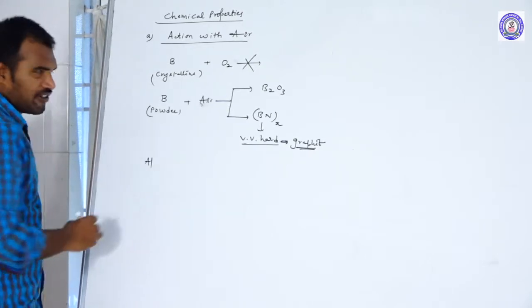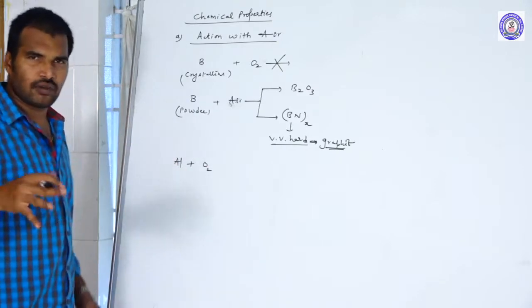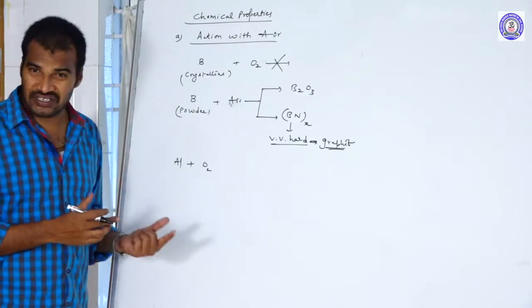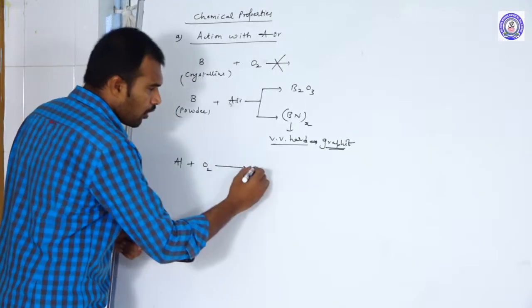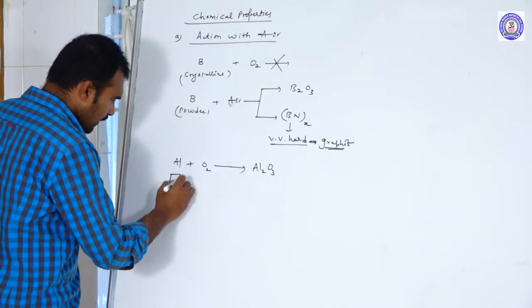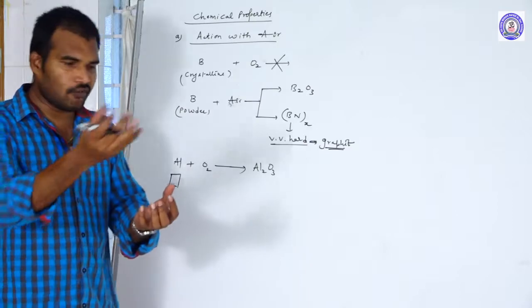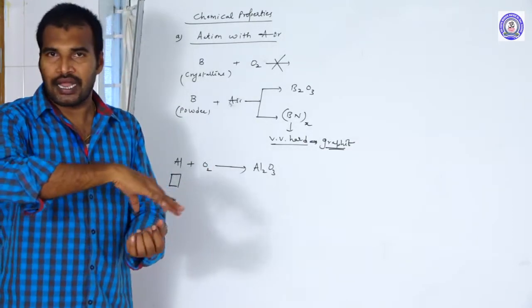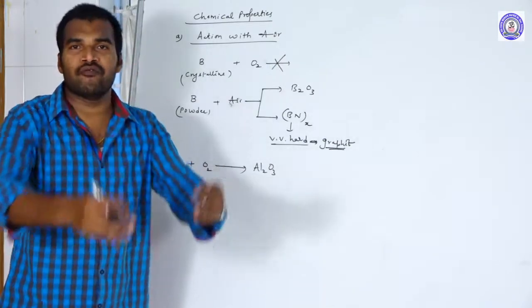Next, aluminium. Aluminium, even in crystalline form, will not react further. What is the reason? When aluminium reacts with oxygen present in the air, it forms alumina, Al2O3. After it reacts with the oxygen, it forms a protective layer on the surface, and that protective layer protects the inner aluminium from further reaction.